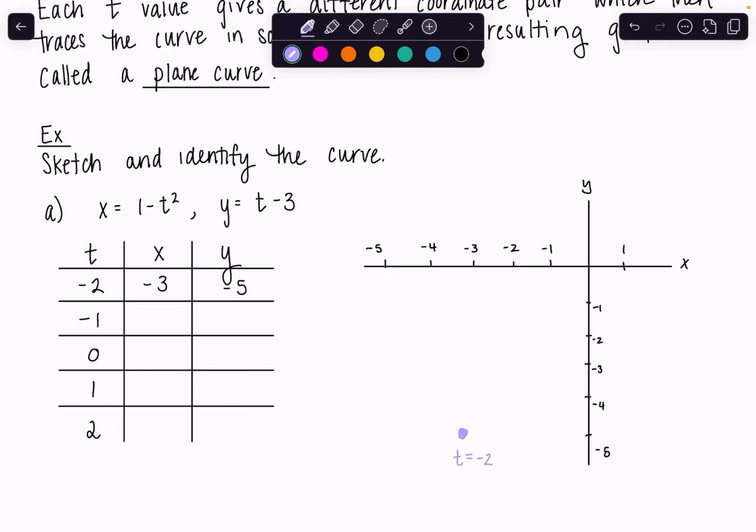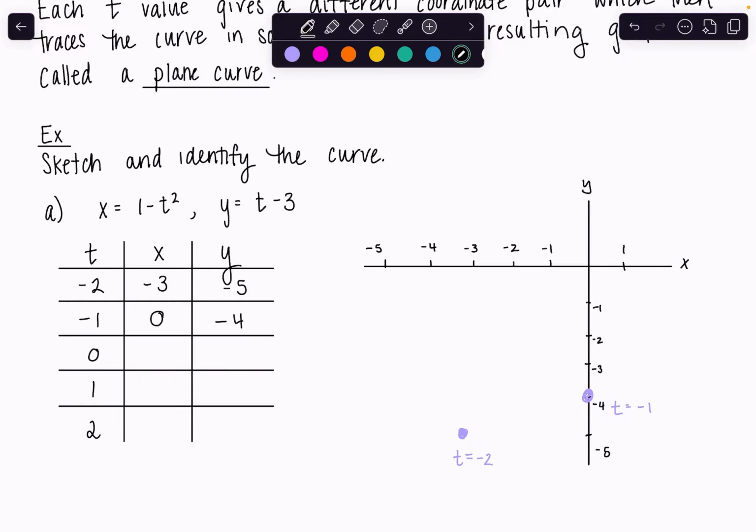So I'm going to label it with my t values. When I plug in t is -1, that gives me 1 minus 1, so my x is 0. And then when I plug in -1, -1 minus 3 is -4. So that value would be right here. So t equals -1.